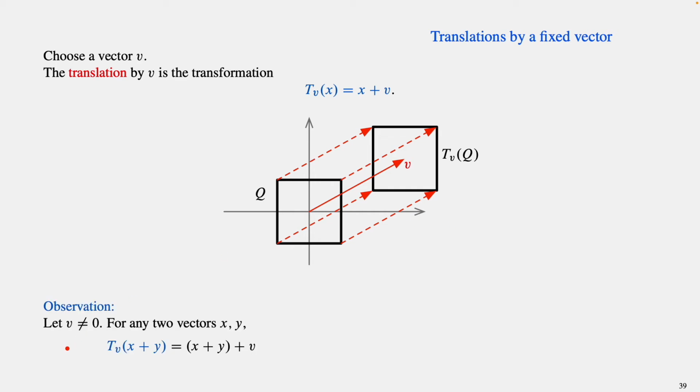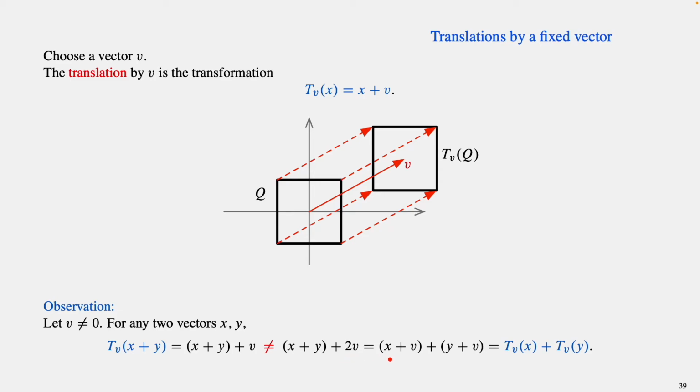And as I mentioned before, translations are nonlinear, so let's verify this. If v is not 0 and x, y are any two vectors, then translation by v applied to x plus y is the vector x plus y translated by v. So we just add the vector v to x plus y. This is, of course, if v is non-zero, not the same as taking x plus y plus 2 times v.